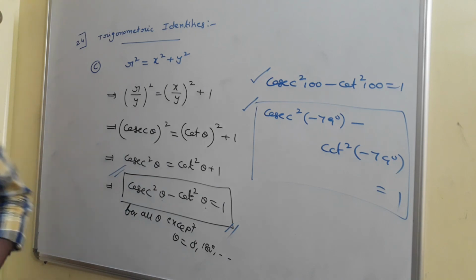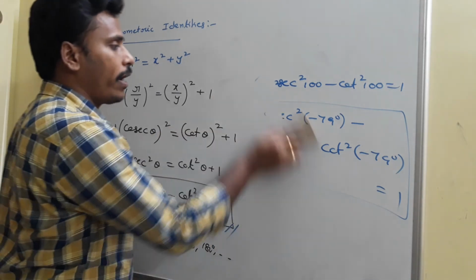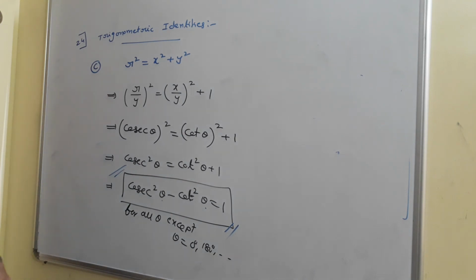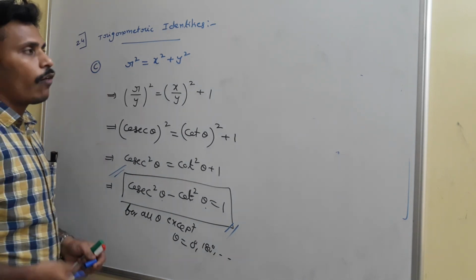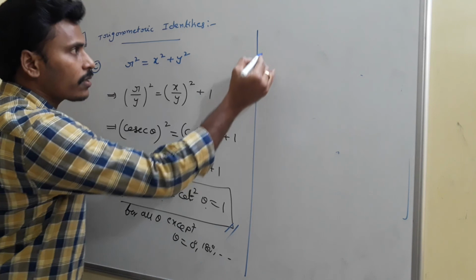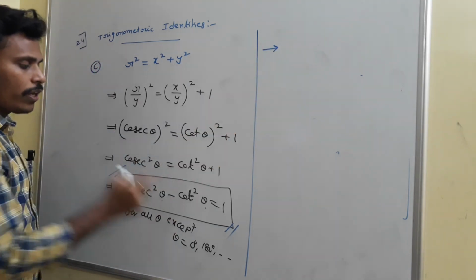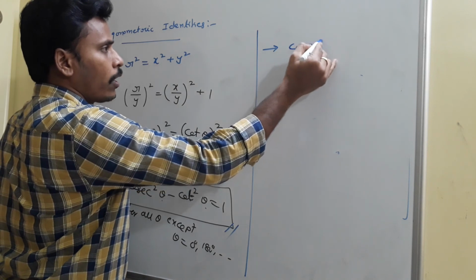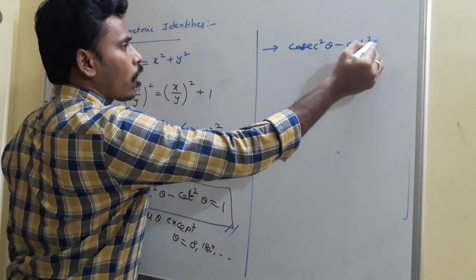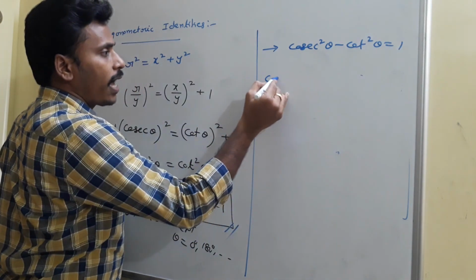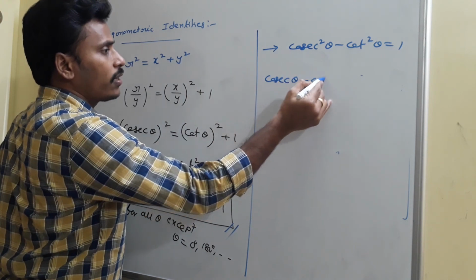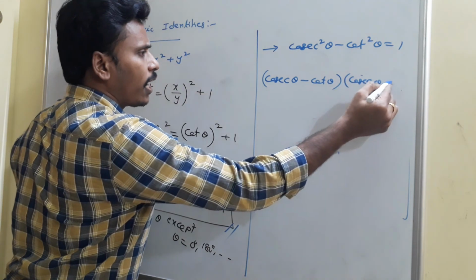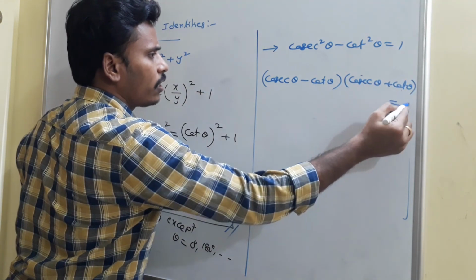And as we mentioned in the previous points, let us rewrite cosecant square theta minus cot square theta is equal to 1. I will rewrite it like this: cosecant theta minus cot theta into cosecant theta plus cot theta is equal to 1.